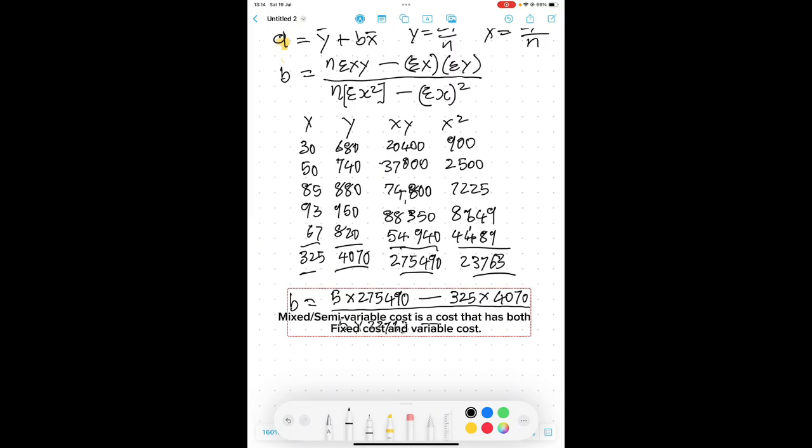So it's like saying this summation of x column, which is 325, multiplied by 325, or you can just say 325 raised to power 2. That will give us 325 multiplied by 325.